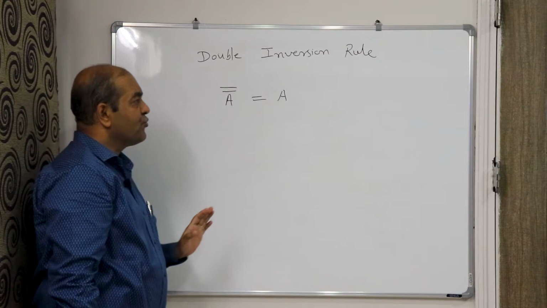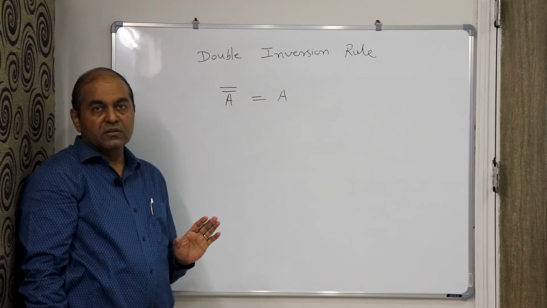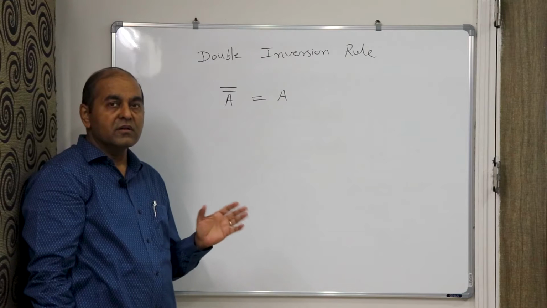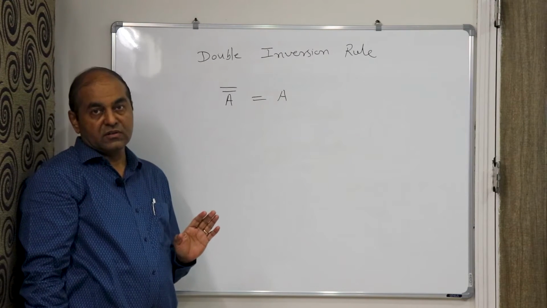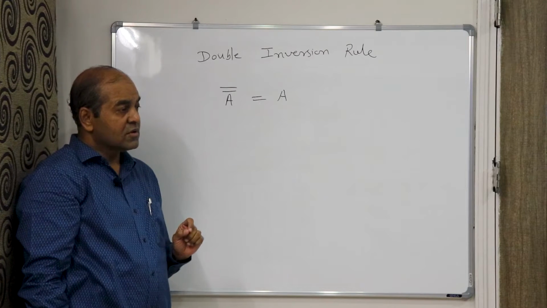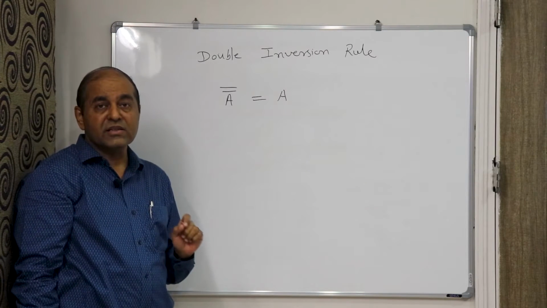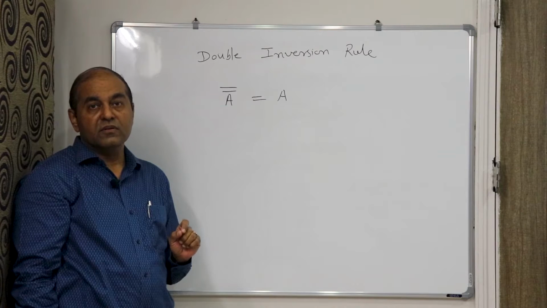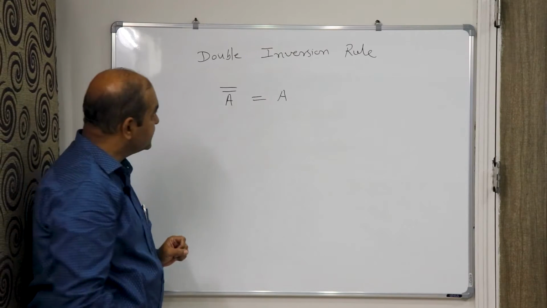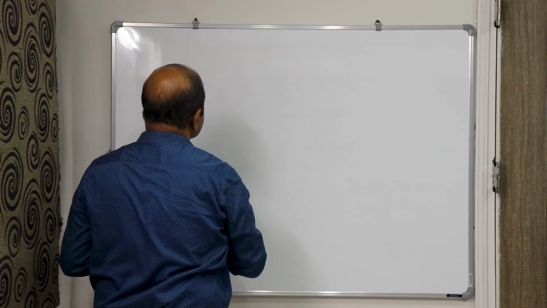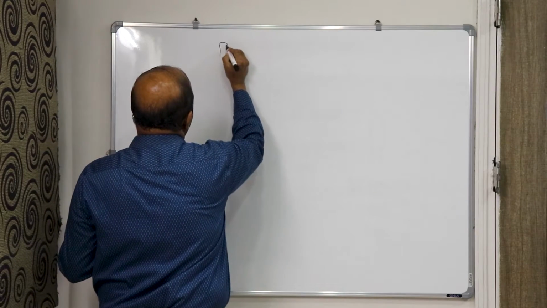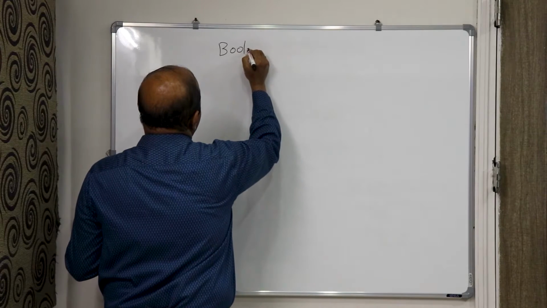So this is a fundamental thing that is very useful in digital electronics. Now after this, we have to study some basic rules of Boolean algebra. Boolean rules.